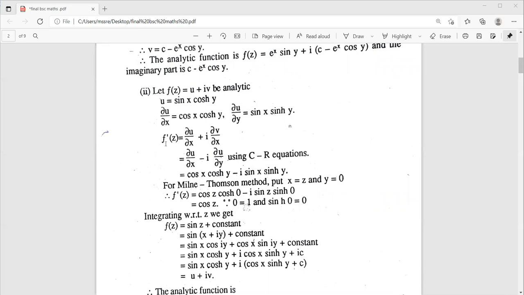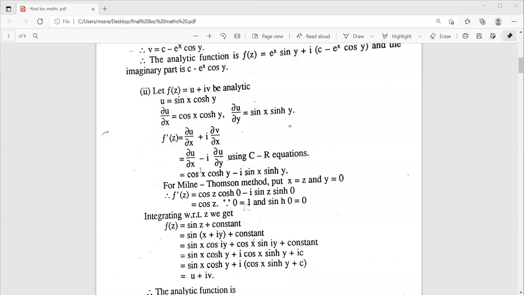Next, in the CR equation derivation, what we have is f dash of z equals delta u by delta x plus i into delta v by delta x. Again, using the CR equations, you can replace delta v by delta x by minus delta u by delta y.